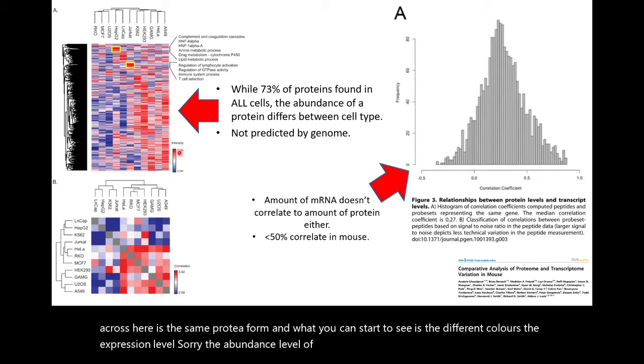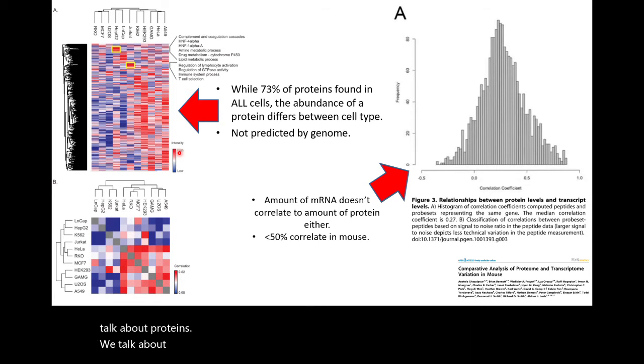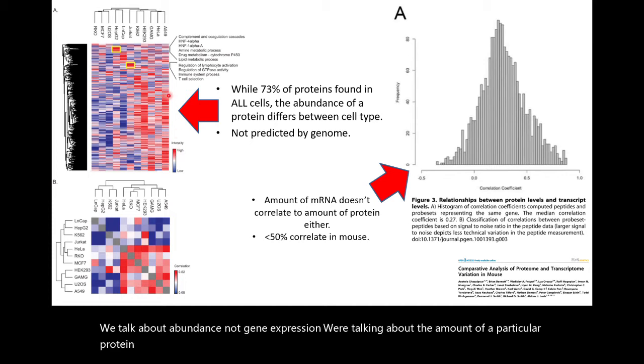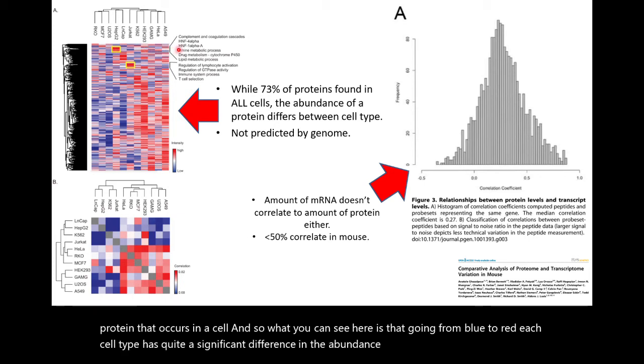particular proteins. When we talk about proteins, we talk about abundance, not gene expression. We're talking about the amount of a particular protein that occurs in a cell. And so what you can see here is that going from blue to red, each cell type has quite a significant difference in the abundance of a particular protein.